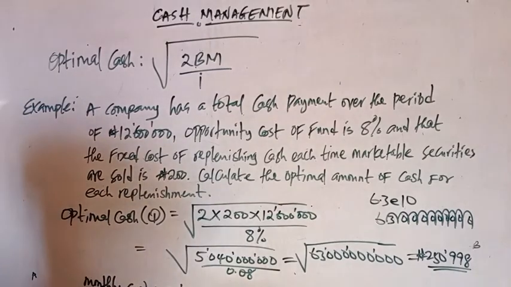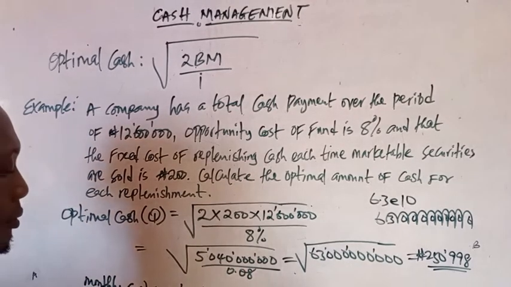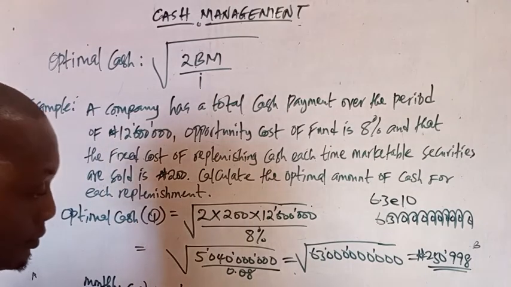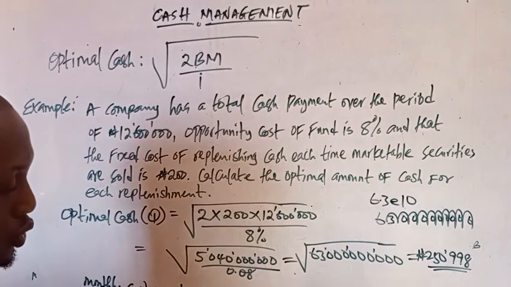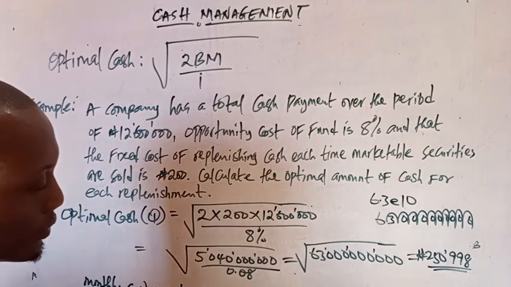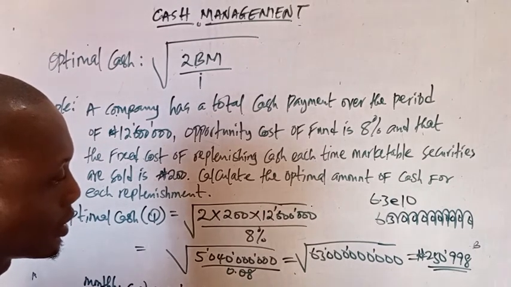The number of times to replenish cash will be equal to the monthly cash divided by the optimal cash to hold, which is 1,050,050 divided by 250,998.